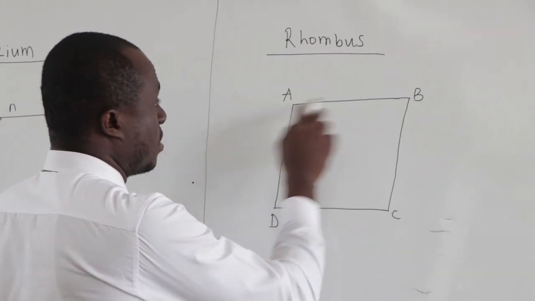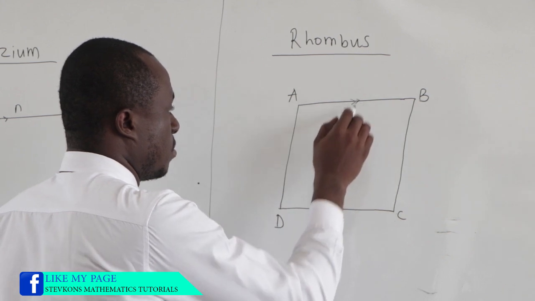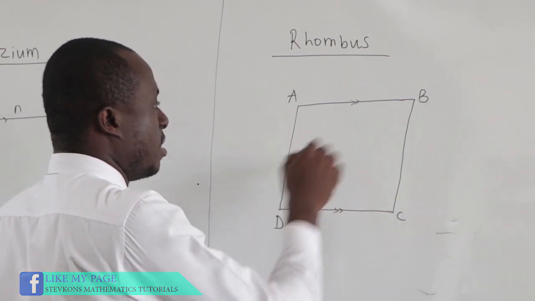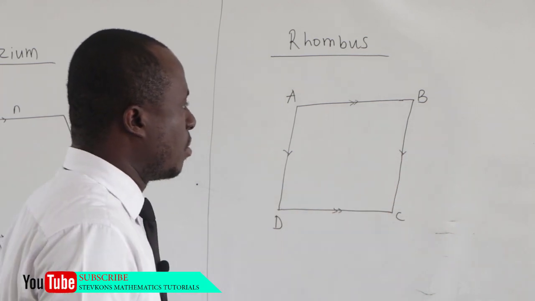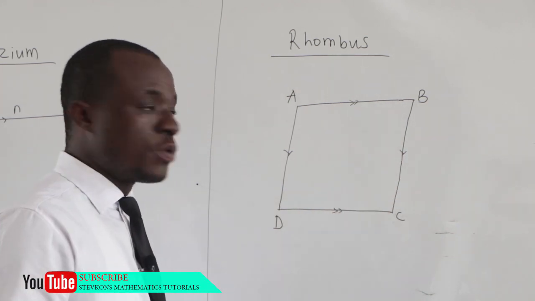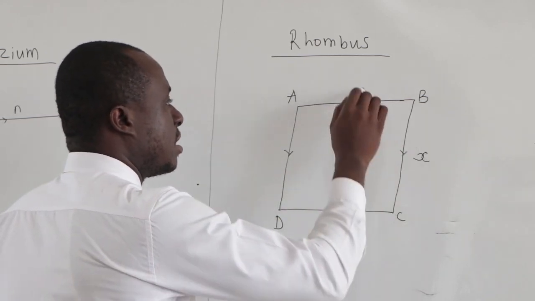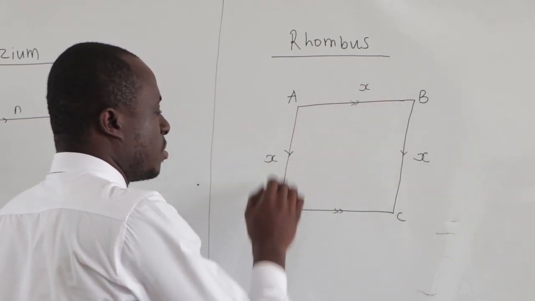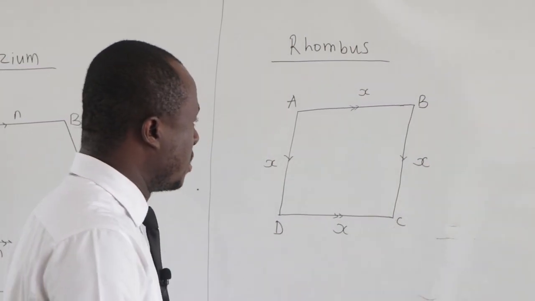And with this AB is parallel to DC. And then AD is parallel to BC. Now, what we are supposed to notice is that all the sides are the same. So if this side is X, this is also X, this is also X, this is also X. All the sides are the same.